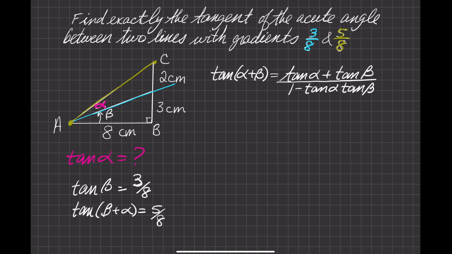Okay, well, what do we know? We know that the tangent of alpha plus beta is equal to 5/8, rise over run for the combination of those two angle measures.